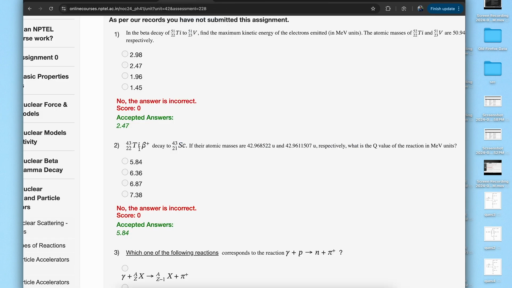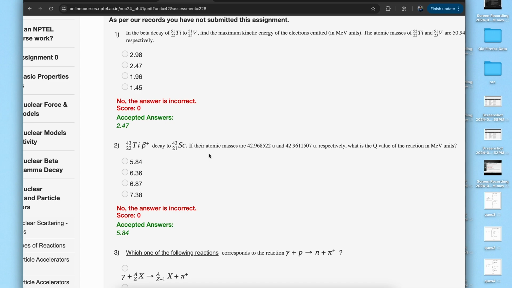So let me write the question here. There is this nucleus given, and it is decaying to another nucleus.